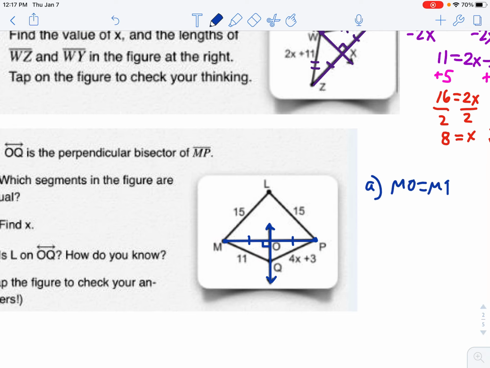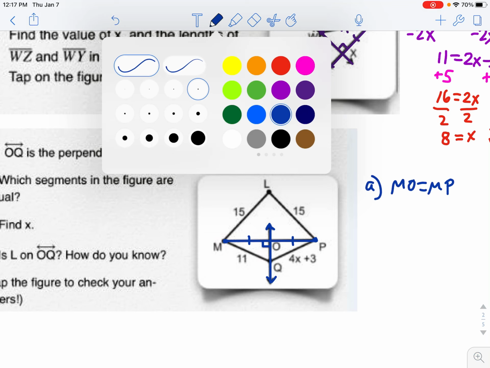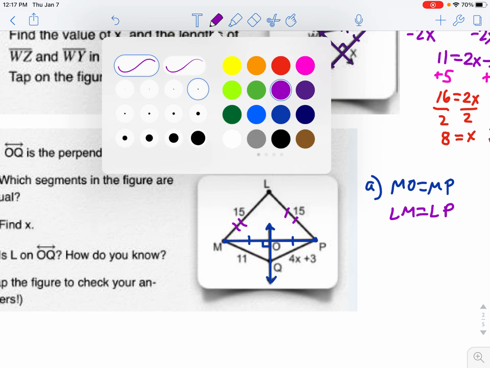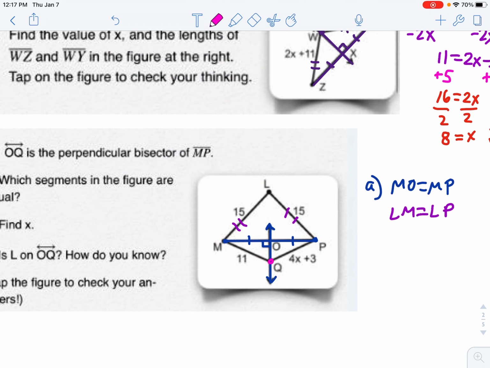This is the answer to A. Well, MO and OP are. And then clearly LM and LP are, they're both 15. And then lastly, since Q is on the perpendicular bisector, that means it's equidistant to the endpoint. So that means MQ is equal to PQ.